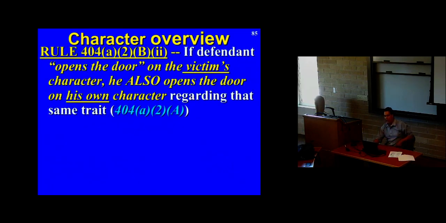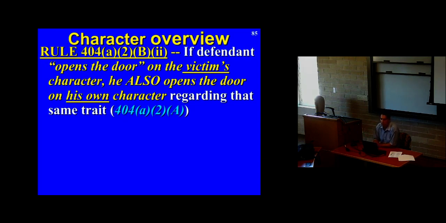Well, 404(a)(2)(B)(ii), this is where if the defendant opens the door on the victim's bad character, then just by doing that action, he not only opens the door on the victim's good character, where the prosecution can come and put on good character evidence, right?